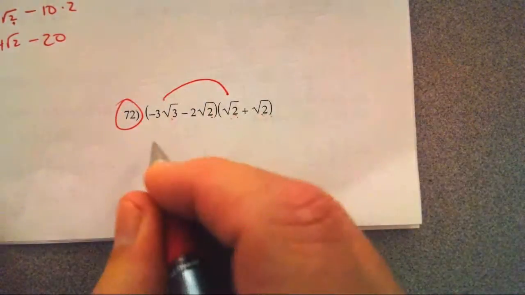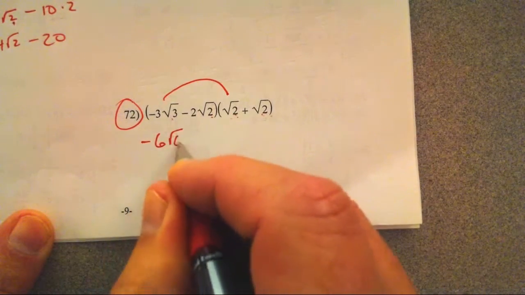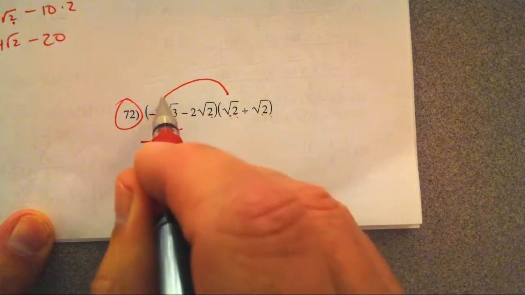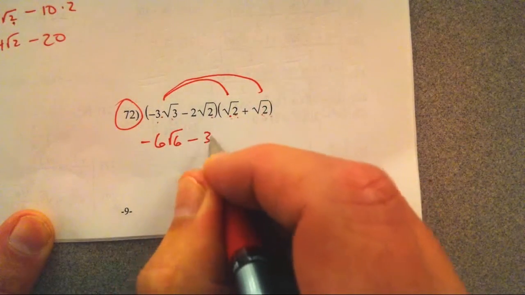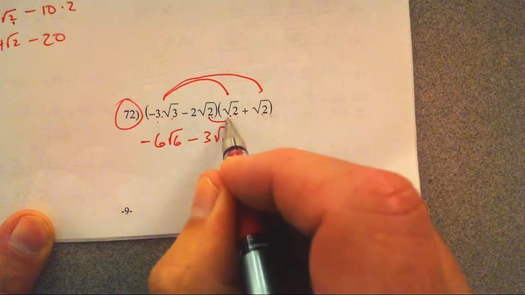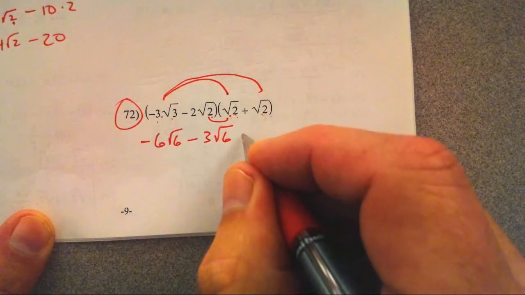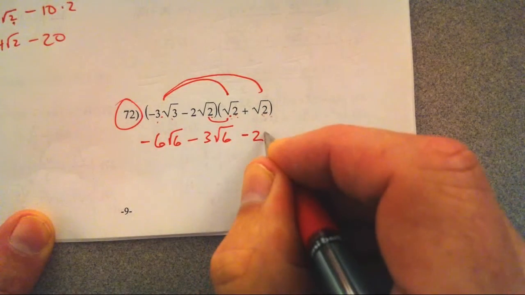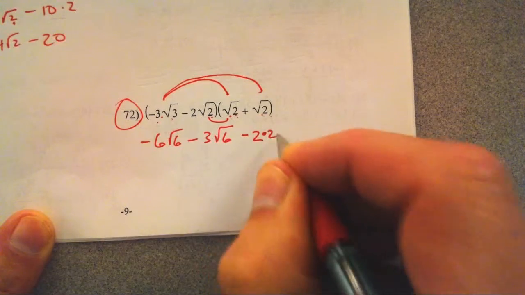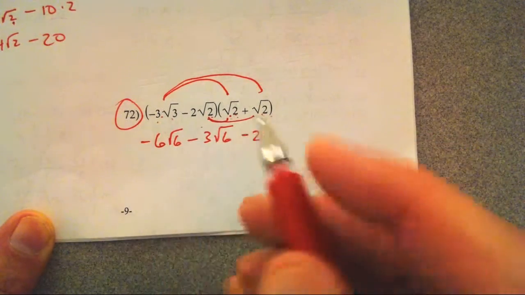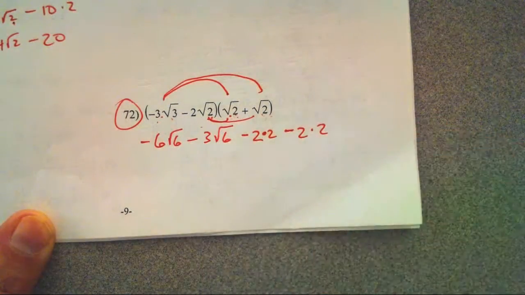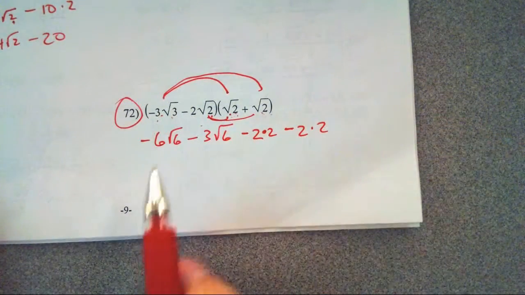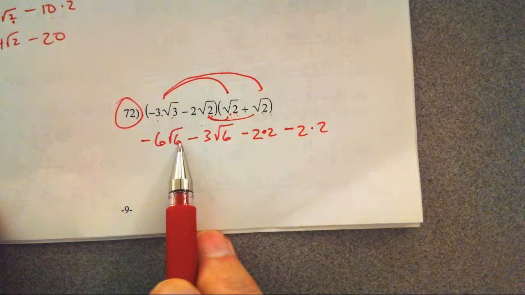that would work. But I'm going to FOIL negative 6 root 6, stop me if you need to, outsides, minus plus, minus 3 root 6, insides, minus 2 root 4, 2 times 2, lasts, minus 2 root 4 times 2. So I've got minus 6 root 6's.